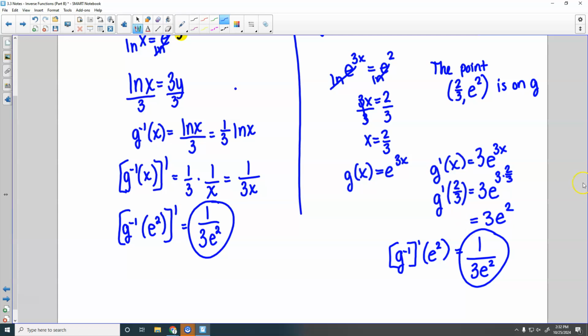Okay, I would possibly even argue the first way is easier, but we're going to run into some of these where we have to do it that second way. Questions?